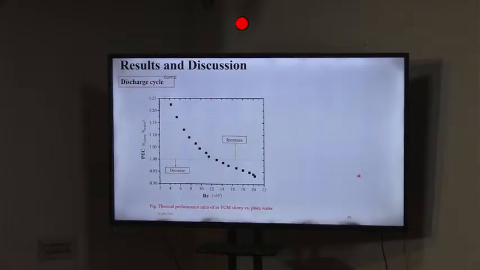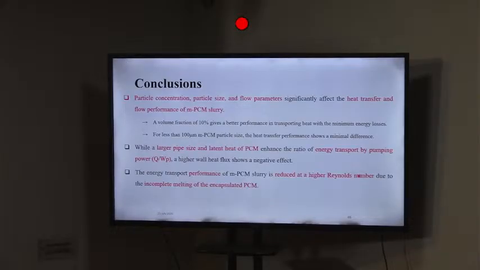So this one, see that there is an increase in the viscosity and the reduction in the temperature, which actually led to an increase in the temperature. So this is very positive.